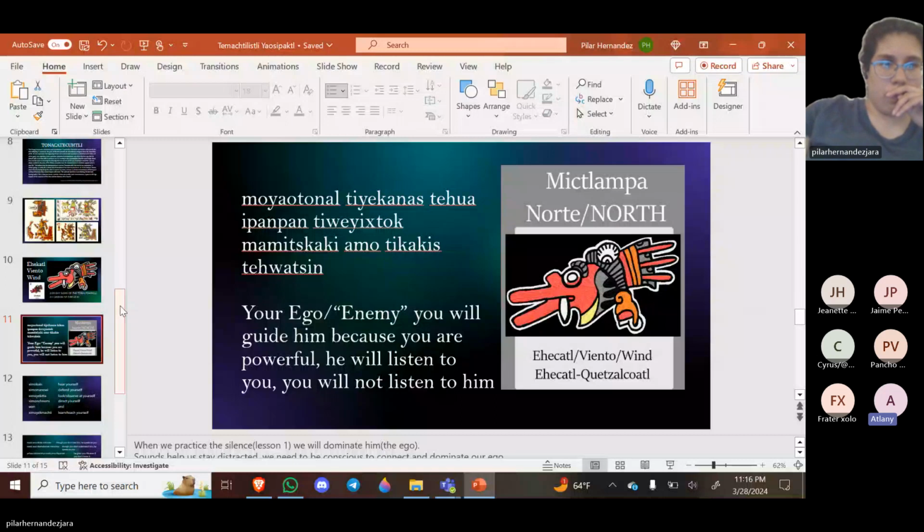Our ancestors knew that our high self was essentially the person that was in charge during our dreams. And that's something that we will also touch on.